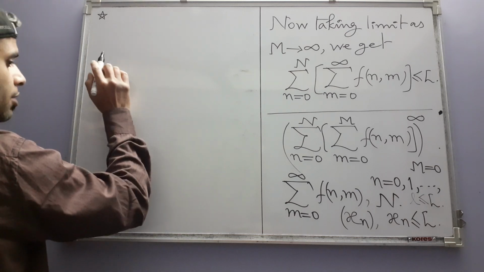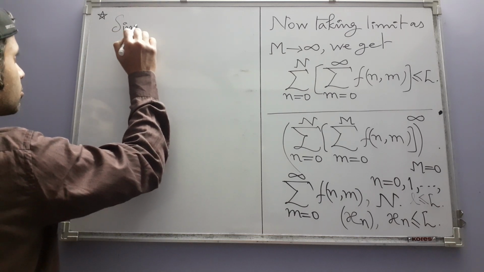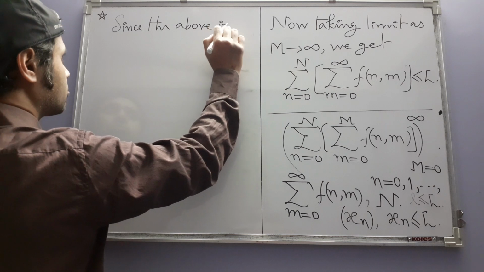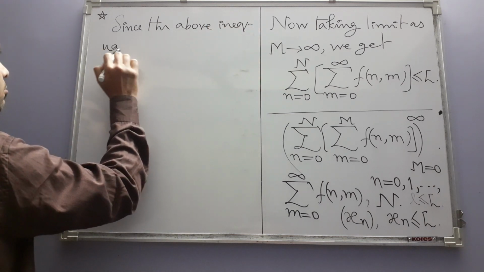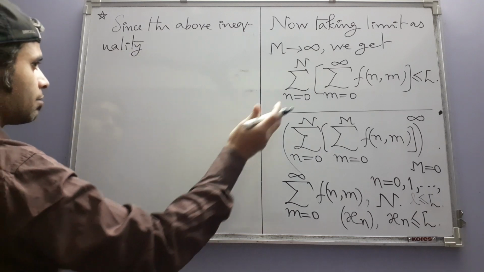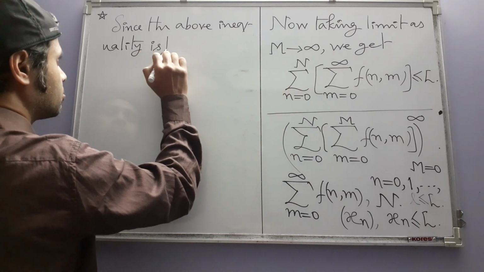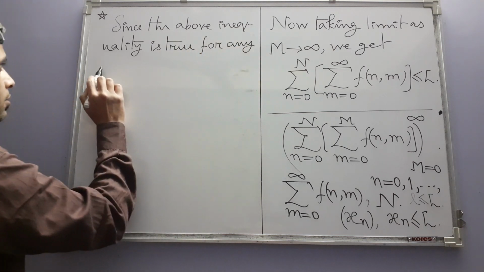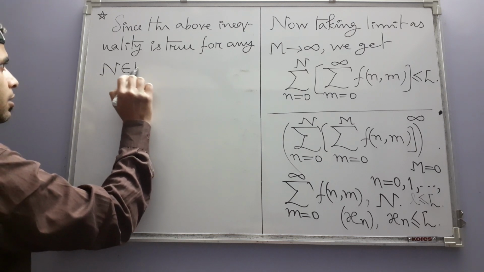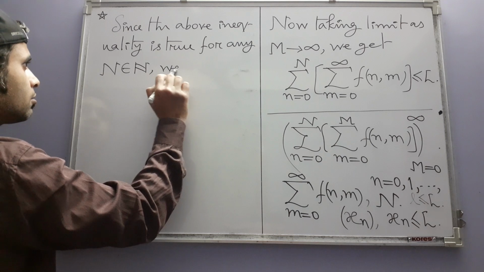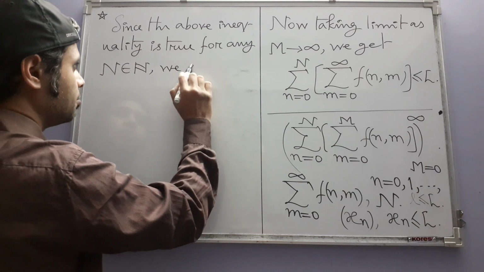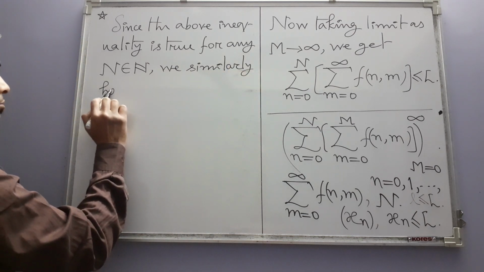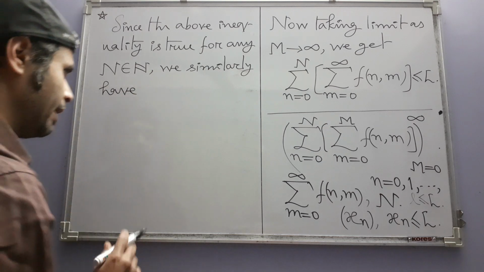Since the above inequality is true for any natural number n, we similarly have... okay, should I write we similarly have?